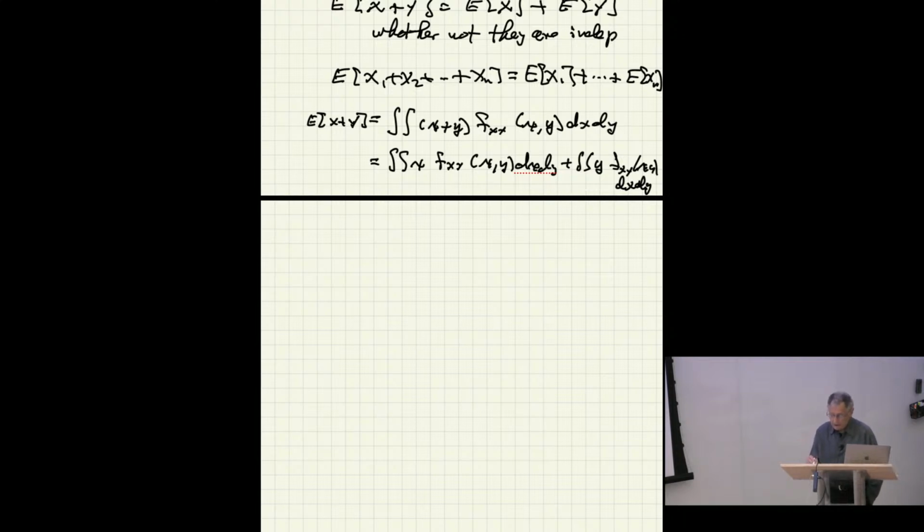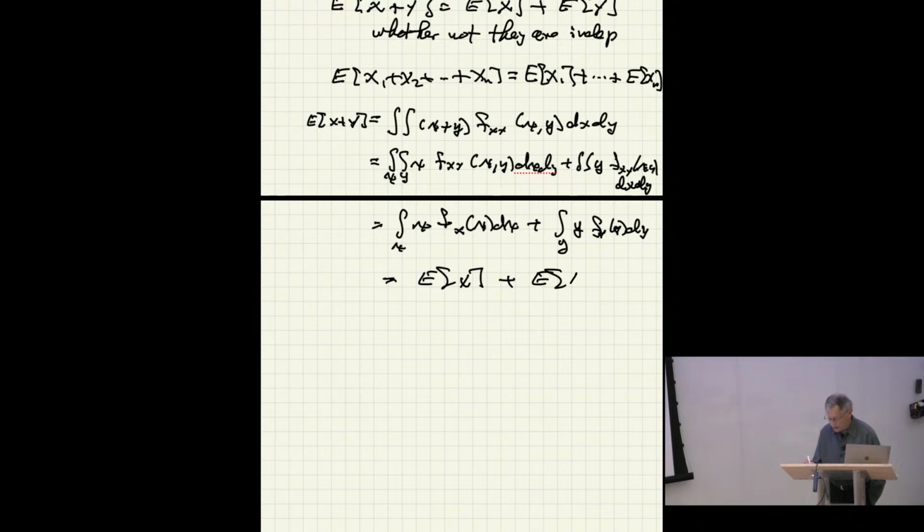So this is equal to the integral of what I pulled out, on x. And what's left when I do that is the simple density of x itself. And similarly, the second term becomes the integral on y of y, f sub y of y, dy. And clearly, that's equal to the expected value of x plus the expected value of y. So that's the proof I asked you to try to do for homework. I just did it for you.